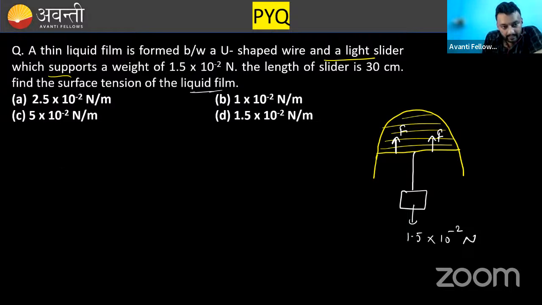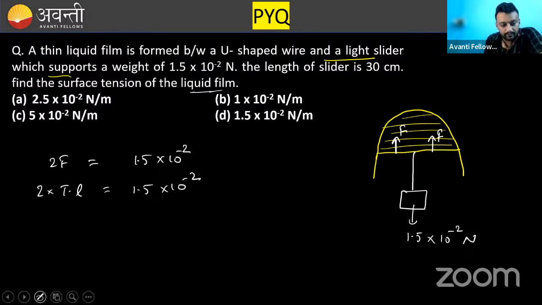Or you can say 2F is equal to this upward force, which is 1.5 into 10 to the power minus 2, because it supports. Supports means balance, equilibrium. And we know that force is equal to T into L, so 2TL is equal to 1.5 into 10 raised to the power minus 2.